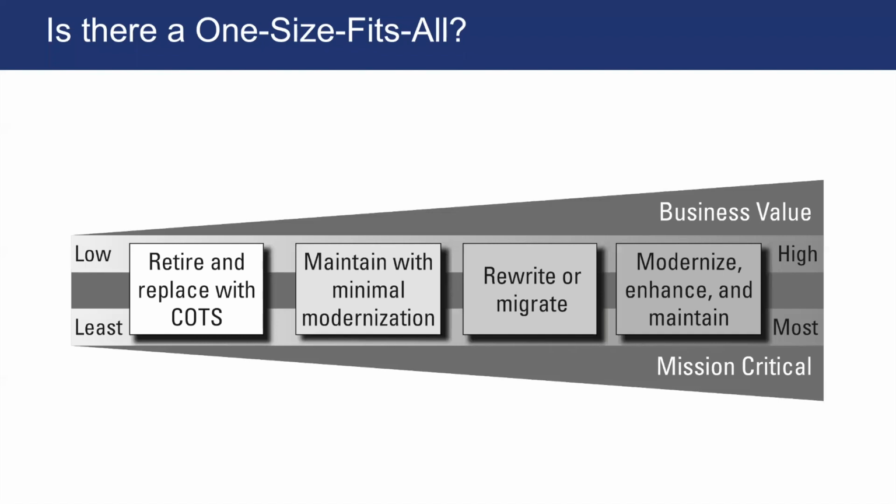So in terms of business value and how mission critical those applications should be, if we retire and replace with commercial off-the-shelf software, let's say that means it offers the lowest business value, but they should be on the lowest part of mission criticality.